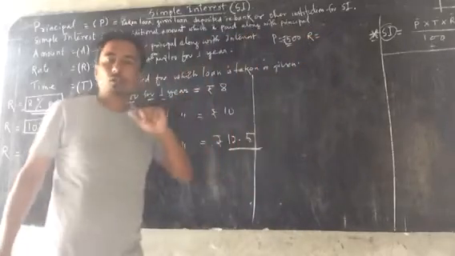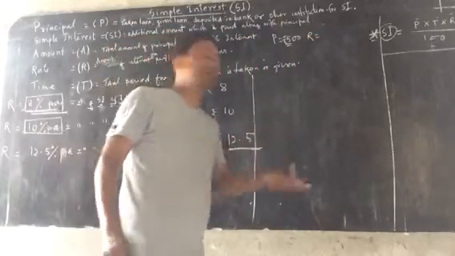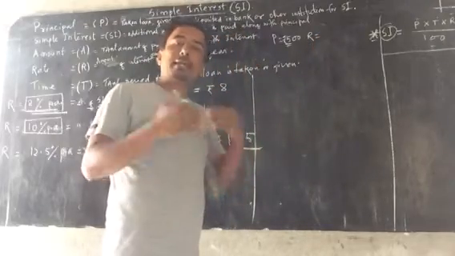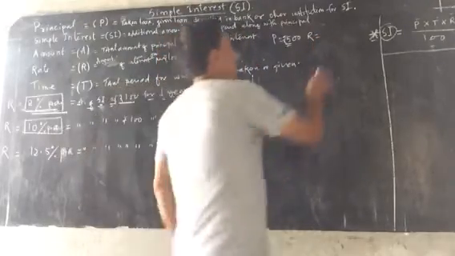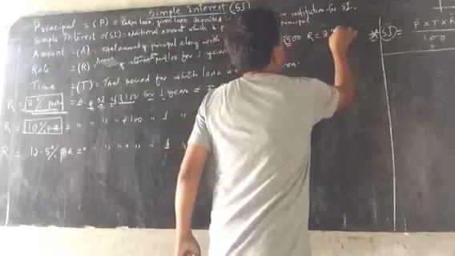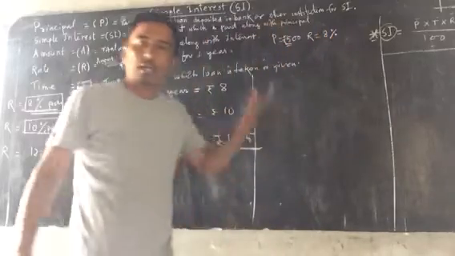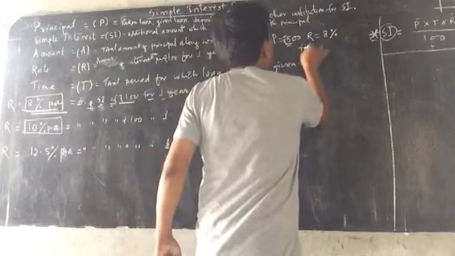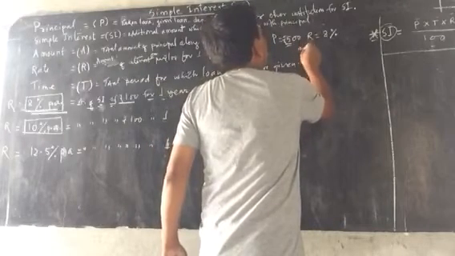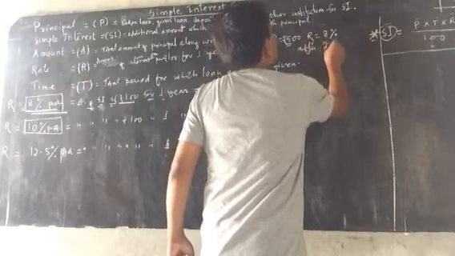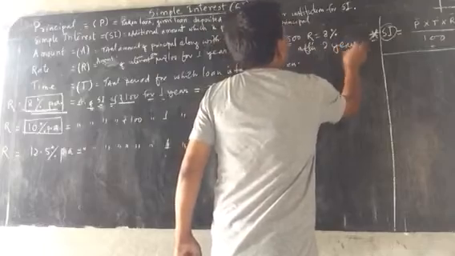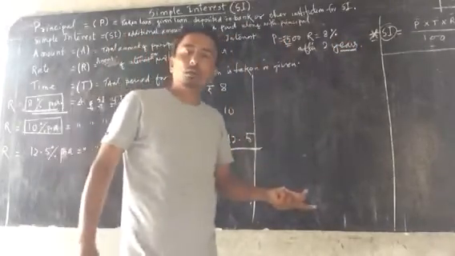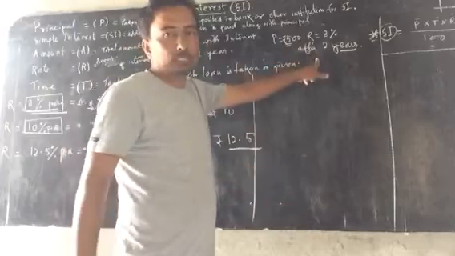The bank declared that you will have to pay interest at the rate of 8% per annum, okay. And I told the bank that I will pay the money after 2 years. Means I have to repay the loan to the bank after 2 years.